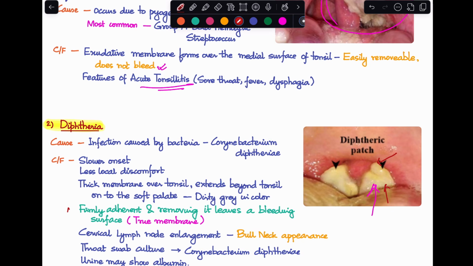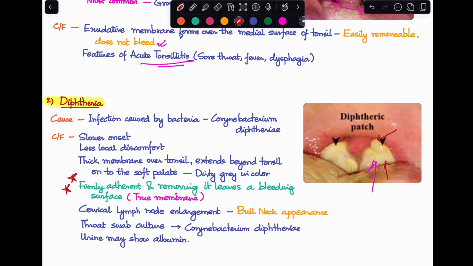A very key difference of this from all the other differential diagnoses here is that this membrane is going to be a true membrane, meaning it's firmly adherent, and when you try to remove this membrane, it will leave behind a bleeding raw surface. So the only classic example here that we are going to remember as a true membrane is that of diphtheria.